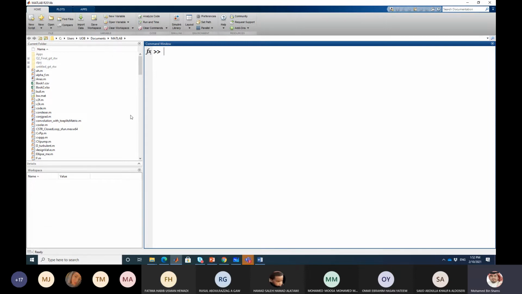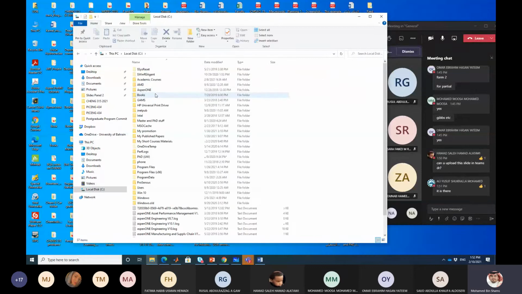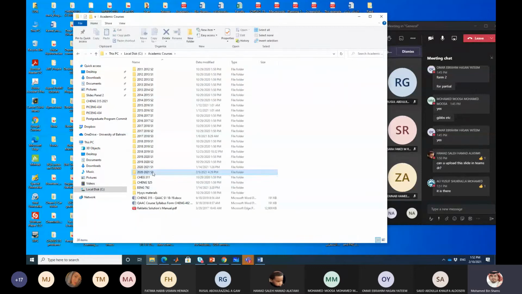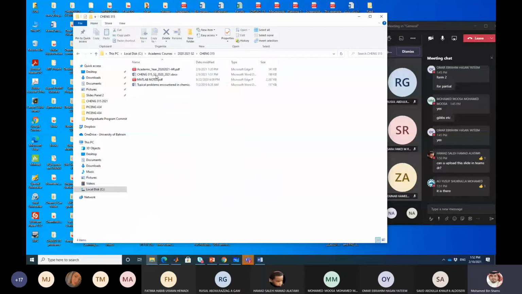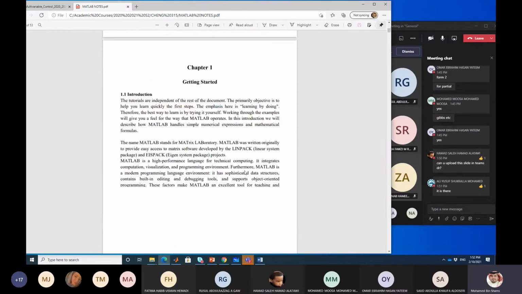I don't think it's worth spending time telling you what each is, since it's already explained in the notes so you can read it. Let me show you the notes, the one that I uploaded already. Yes, it's called MATLAB notes. It's already there in Teams.